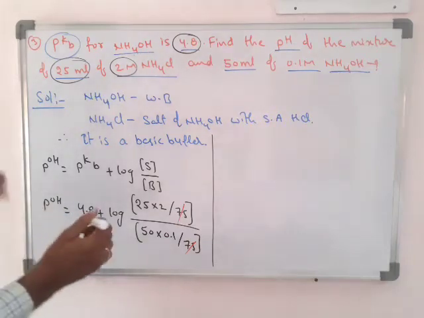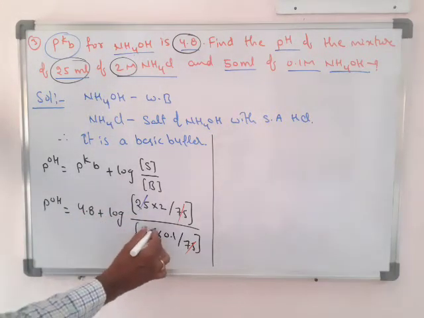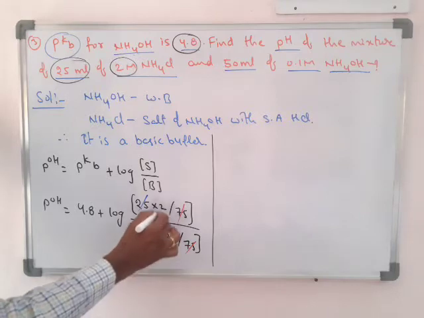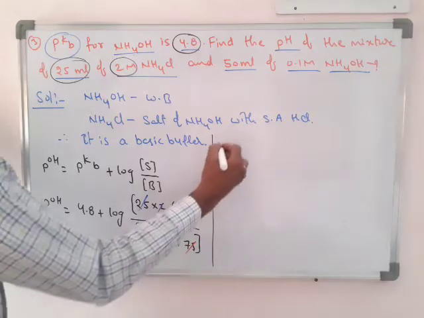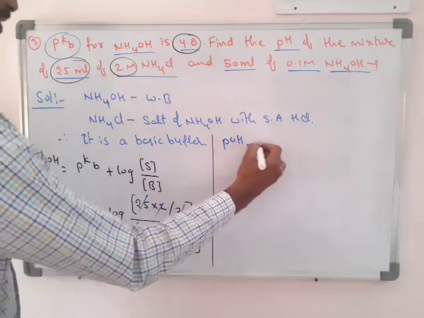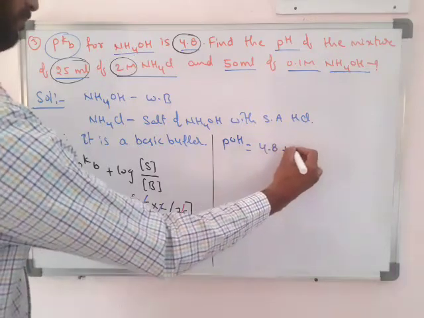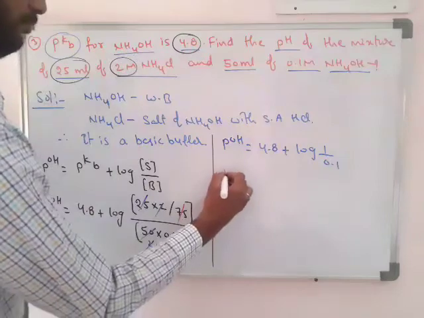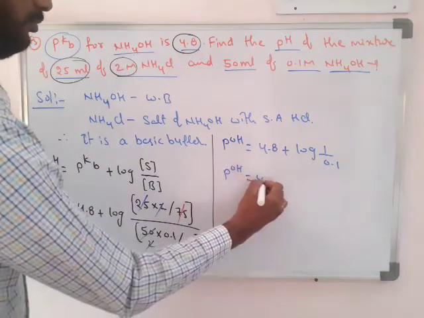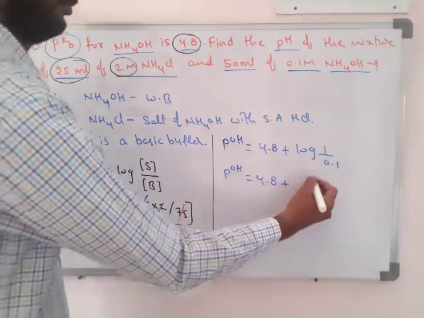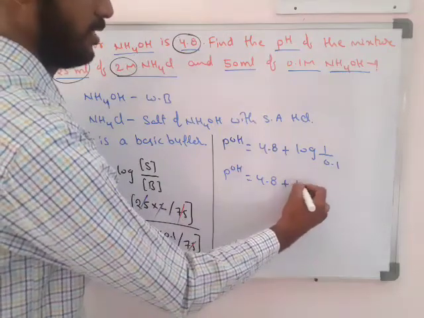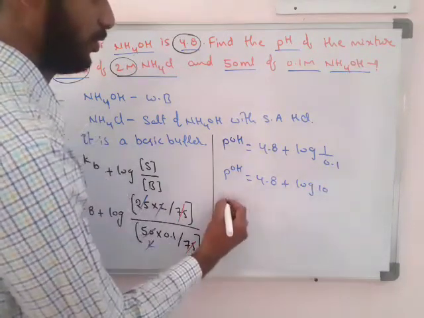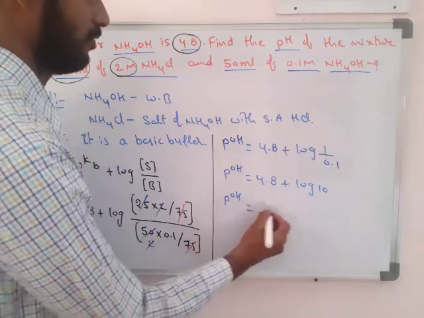So next, remaining is this 1 by 10. So the value becomes how much? We can write it as log 10. We know that log 10 equals 1.